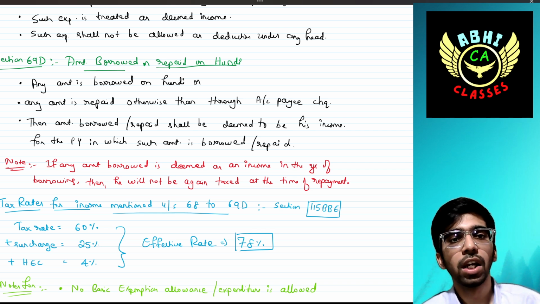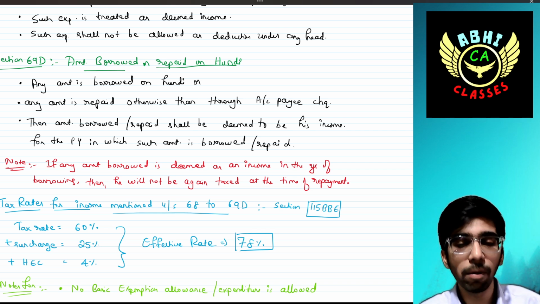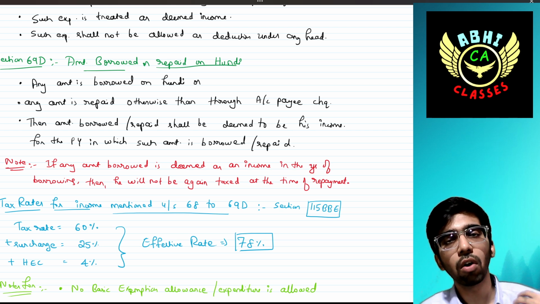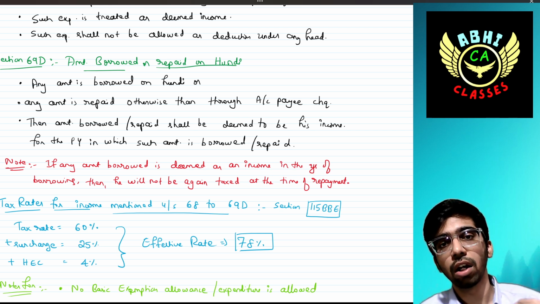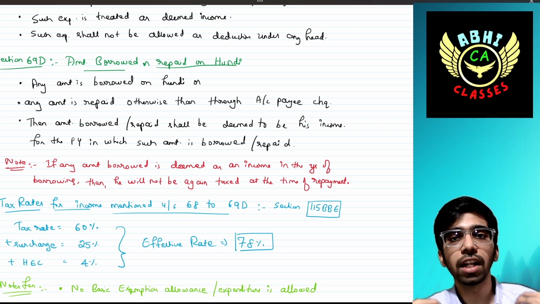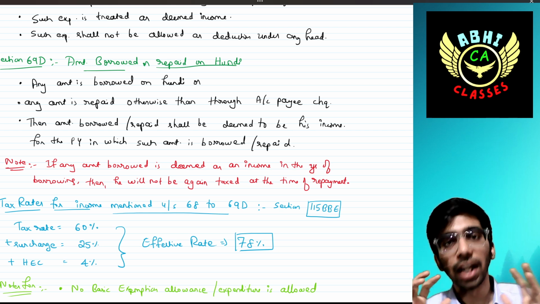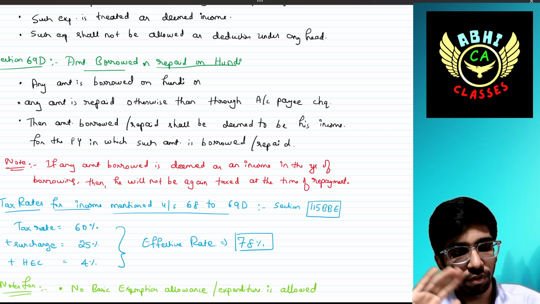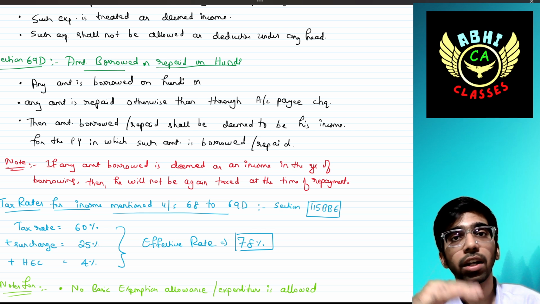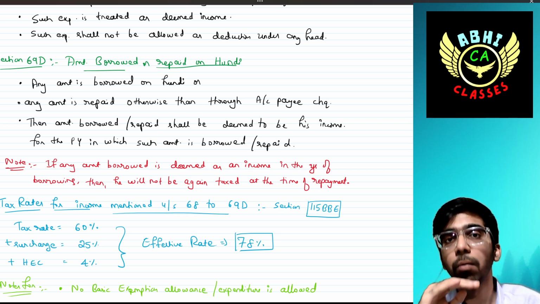Note, there is one note. Let's say for example I have borrowed 100 rupees from hundi, otherwise than through account payee cheque. In that year, the assessing officer charges me, treating it as deemed income.